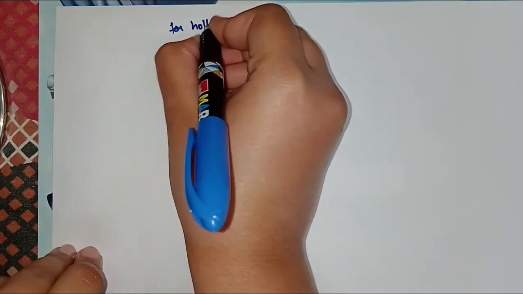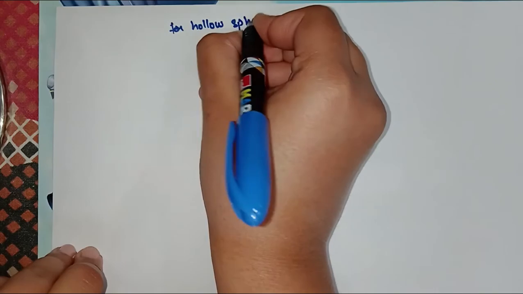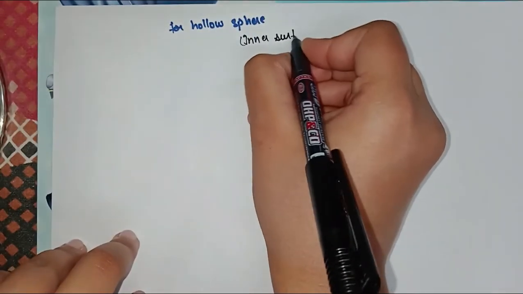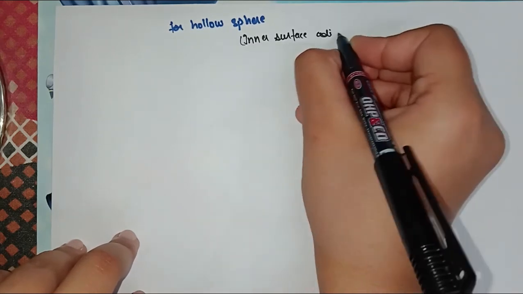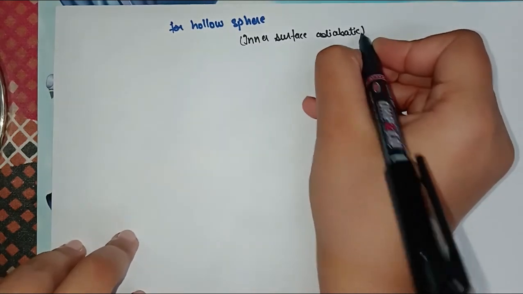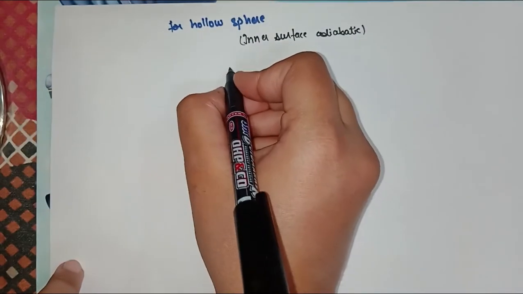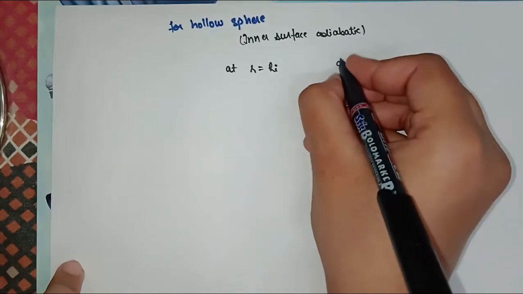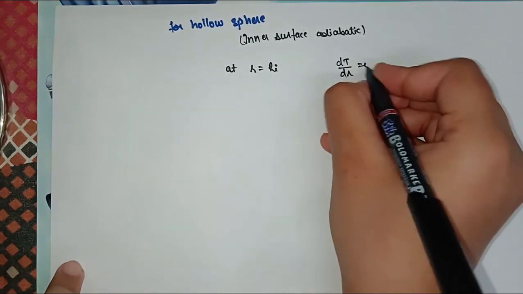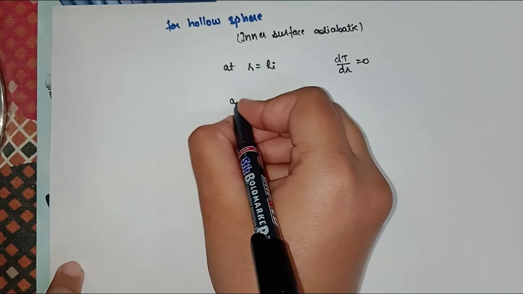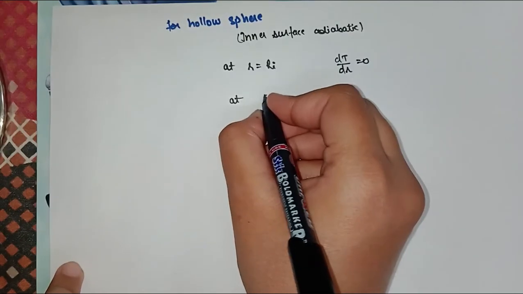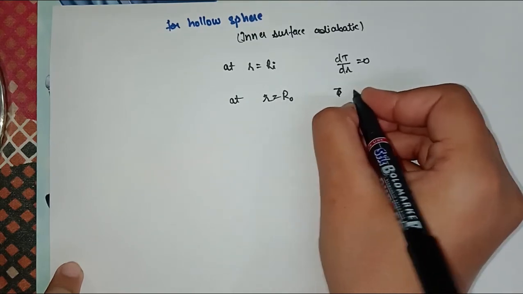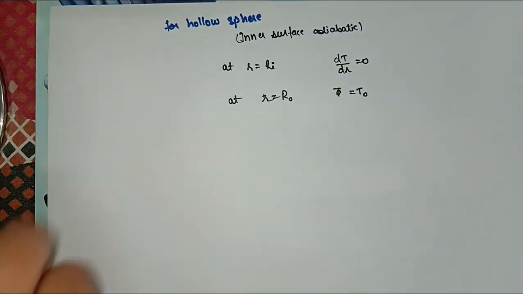Now considering the same for a hollow sphere, when the inner surface is adiabatic. For this, the boundary conditions are at r equals r inside, dT/dr will be 0, and at r equals r outside, T equals T outside.